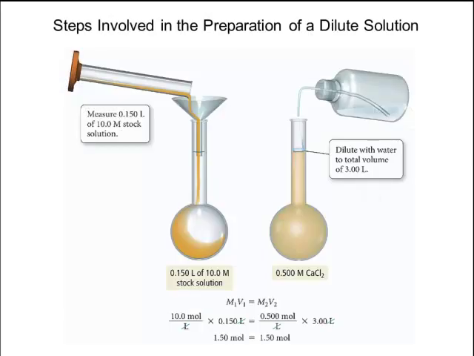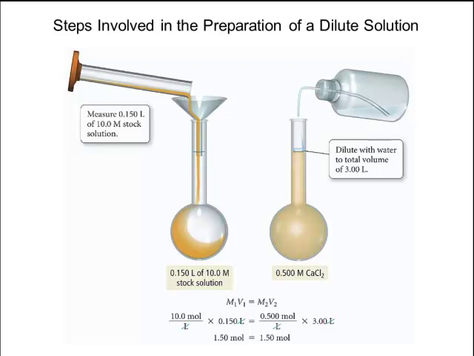So a picture example of this: if I'm going to make 3 liters of a 0.5 molar calcium chloride solution, and I'm going to start with 0.15 liters of a 10 molar stock solution, 0.15 liters of a 10 molar stock solution will give me 1.50 moles of the calcium chloride.